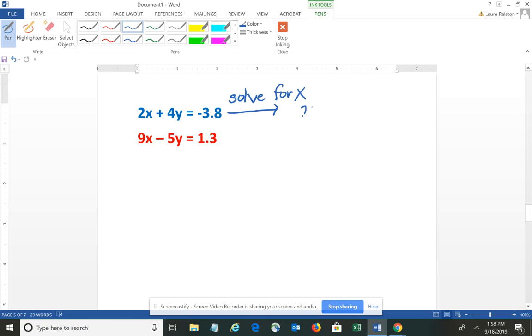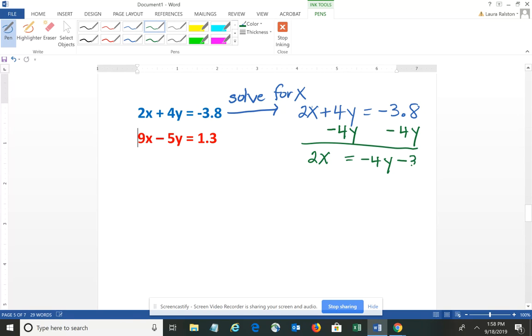Okay, so 2x plus 4y equals negative 3.8. I'm going to subtract 4y from either side. So I have 2x equals negative 4y minus 3.8.